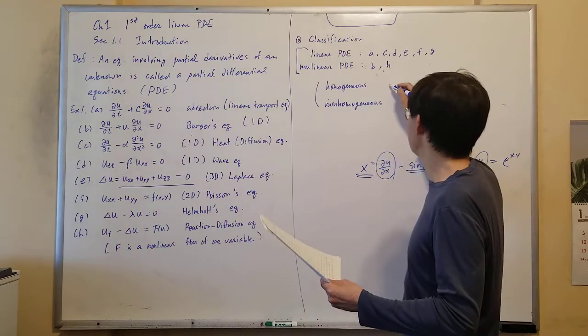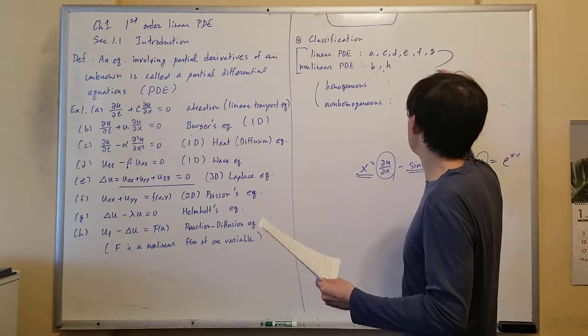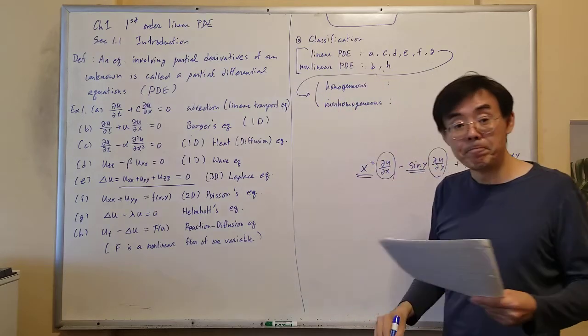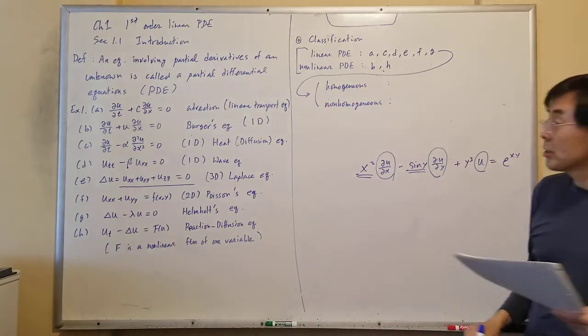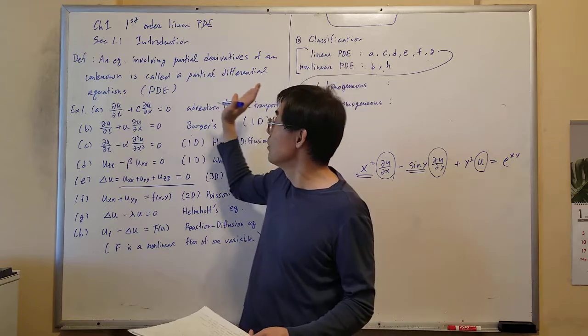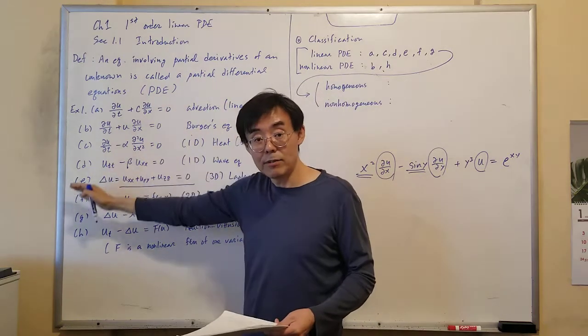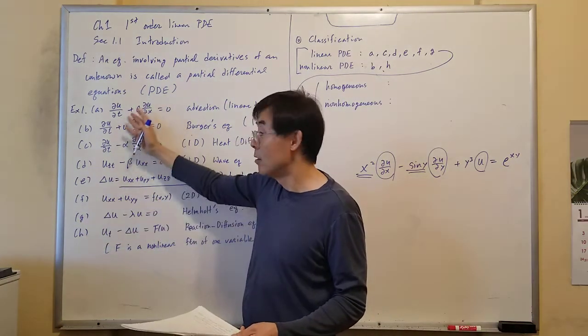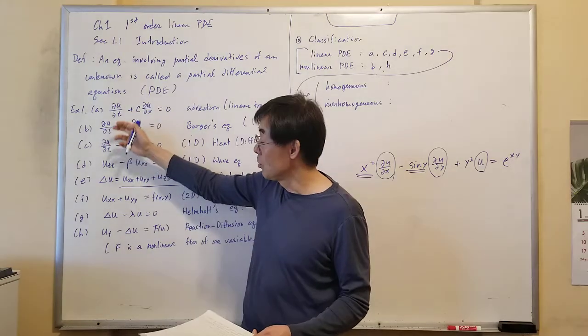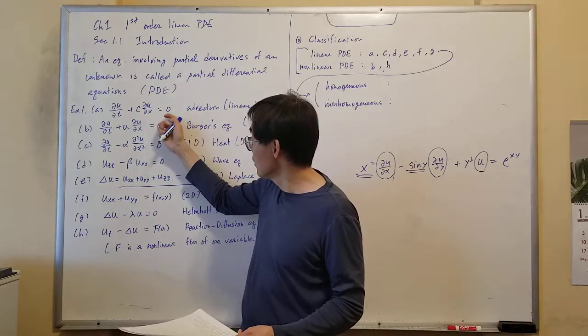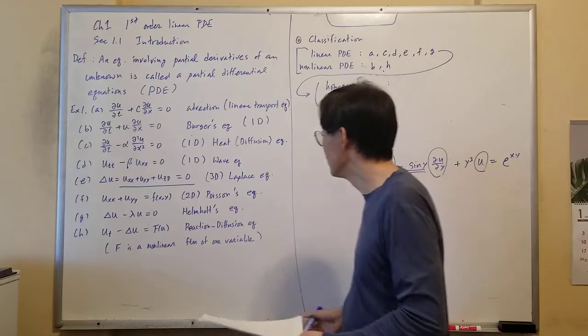We talk about homogeneous or non-homogeneous only among linear PDEs. Homogeneous is when you have all the unknowns on the left-hand side, all the terms involving the unknown and its derivatives, and the right-hand side is constant zero.